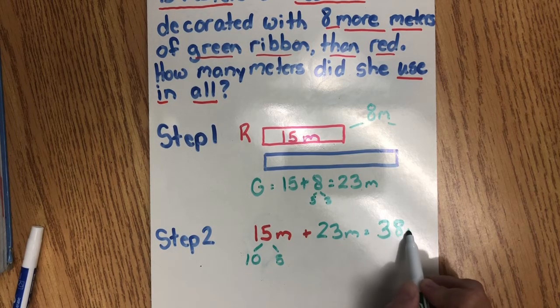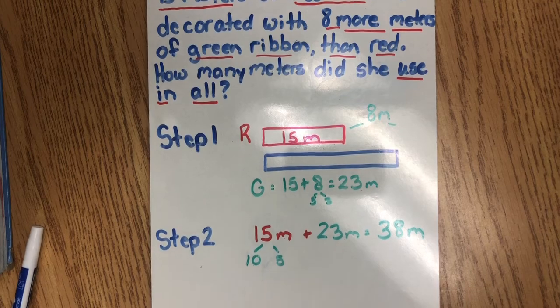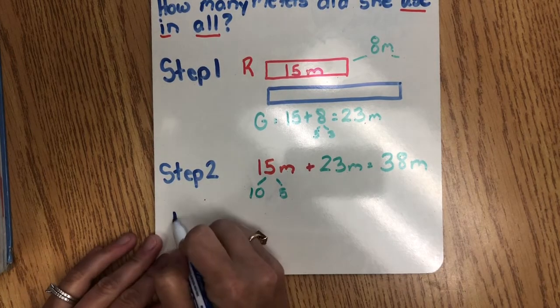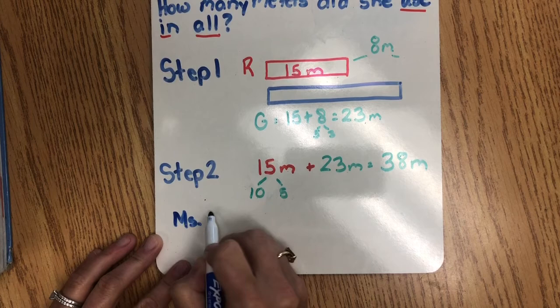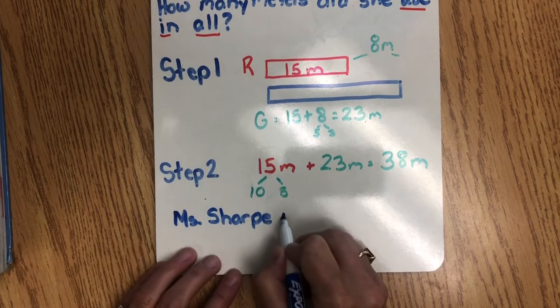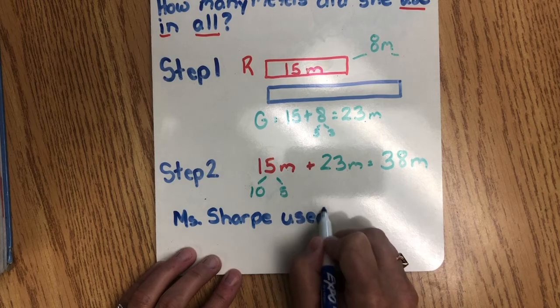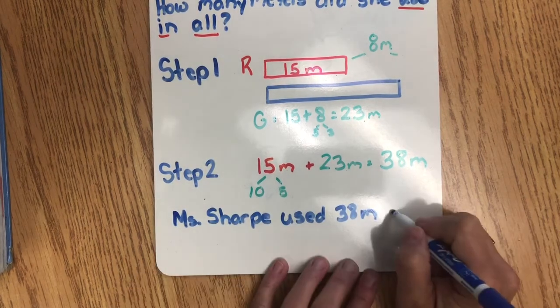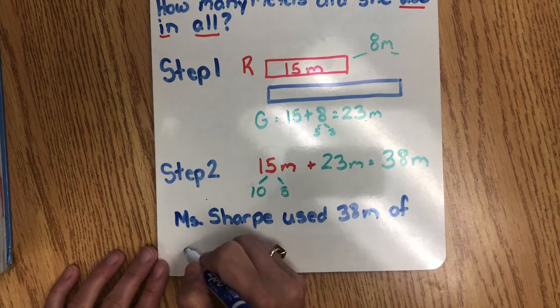That is 38 meters. The last thing I need to do is write a sentence or a statement that shows my answer. Miss Sharp meters of ribbon.